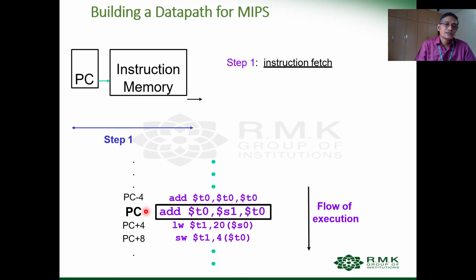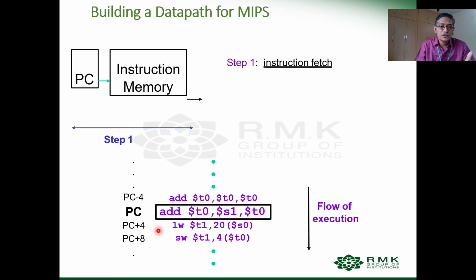So to get the entire 32 bits, we need to traverse 4 memory locations. The first location holds the first 8 bits, then the second 8 bits, the third 8 bits, and the fourth location holds the last 8 bits. So we need to traverse 4 locations of byte addressing to get the entire 32-bit information. So that is PC is equal to PC plus 4.